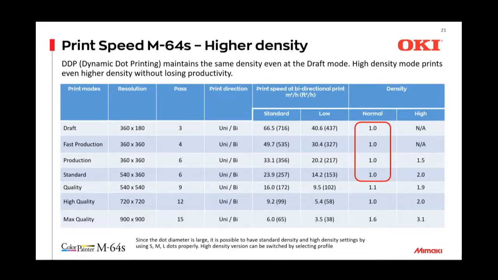When we come across to the high density, this can be used simply by switching and selecting the right profile that has been designed under the DDP high density setting. But you can see in some cases we're getting a significant amount more density to improve production speeds at saturated color.